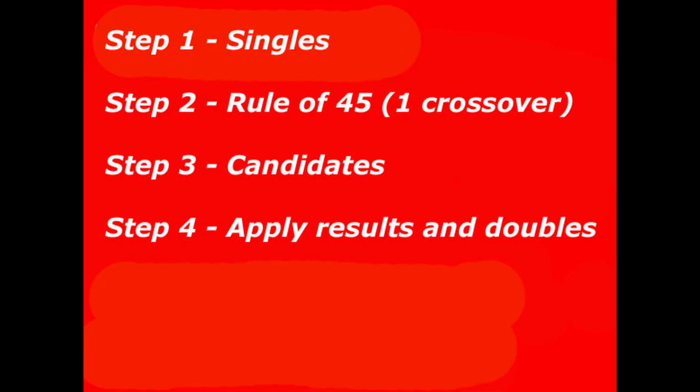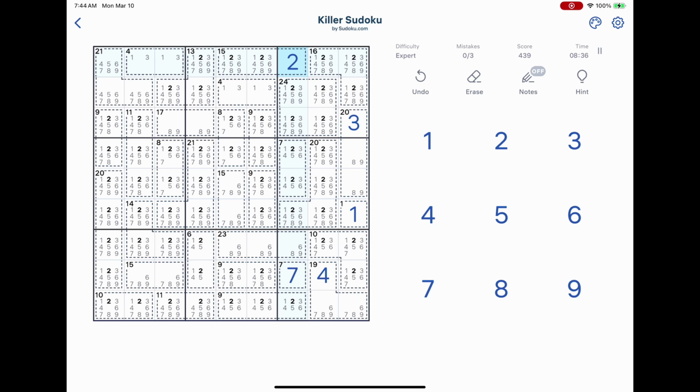Step 4, Apply results and doubles. Enter each result number twice to eliminate extra candidates. When we filled in the candidates, we created 4 doubles and 1 triple.